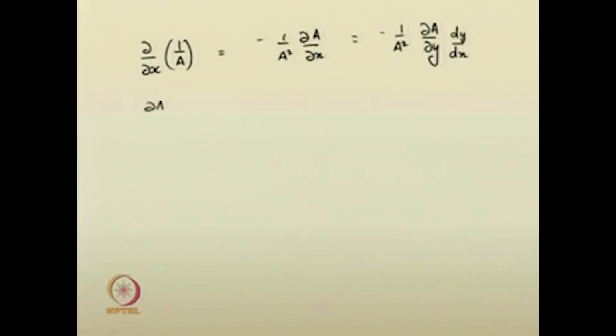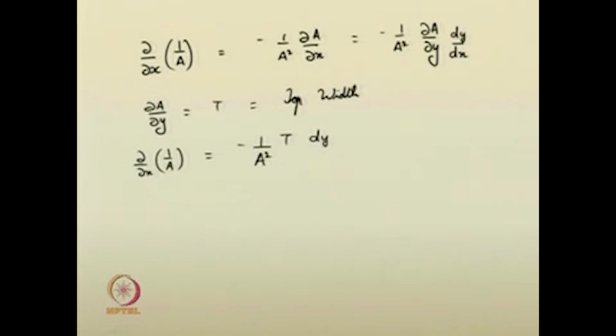Recall our earlier lectures, dou A by dou y, throughout we have given this as the top width of the channel, top width of the flow of the channel. We have been dealing with it in almost all of the classes. So, that same thing I am going to adopt here. So, dou by dou x of 1 by A is nothing but minus 1 by A squared T dy by dx.